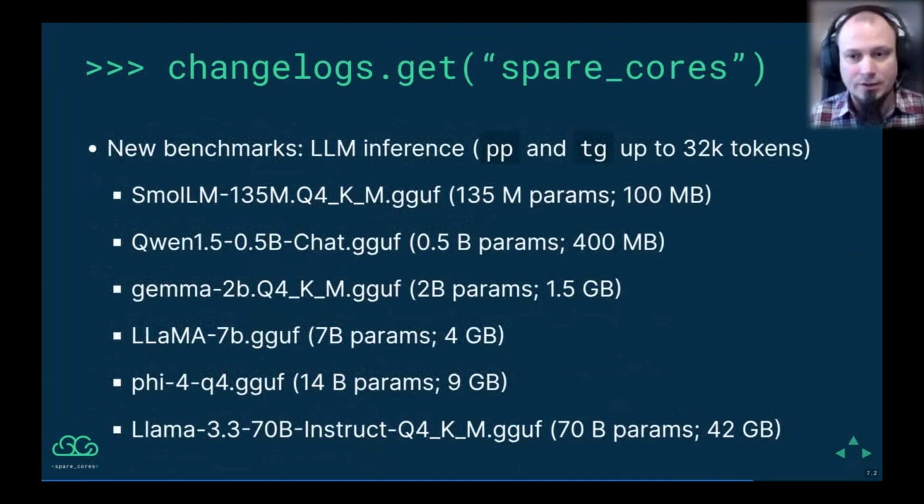And what we are currently working on is benchmarking for LLM inference speed using prompt processing and generating text as well, with super tiny inputs like 16 tokens to pretty large ones like 32,000 tokens, and using small to large models like the 70 billion parameter Llama 3.3, which requires multiple GPUs.